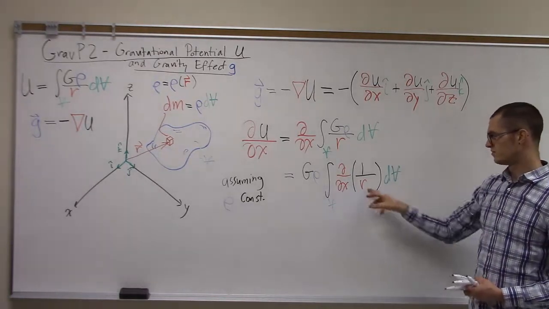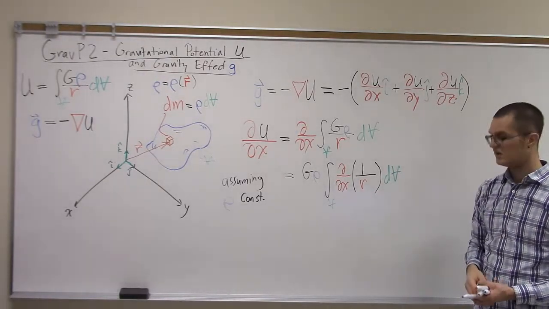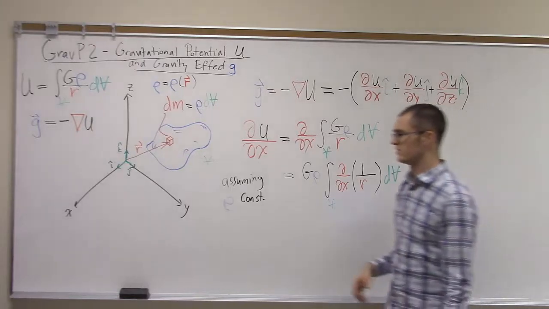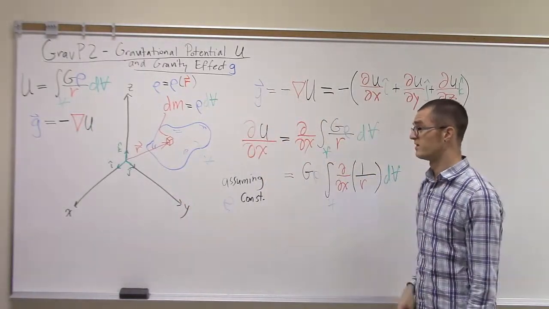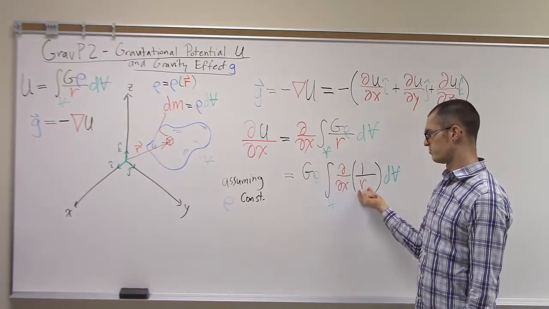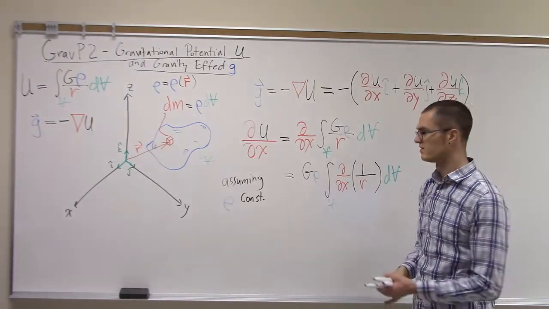At this point, it's useful to remember our definition of r relative to the Cartesian coordinates. We want to evaluate the derivative with respect to x, so first we have to put in what r is as a function of x, y, and z.